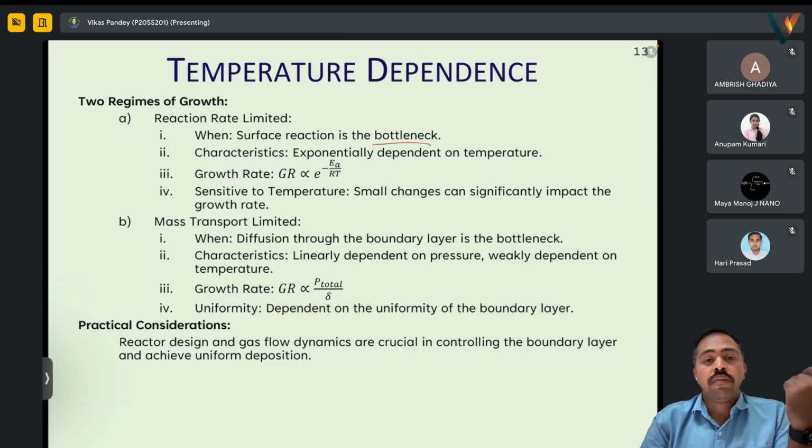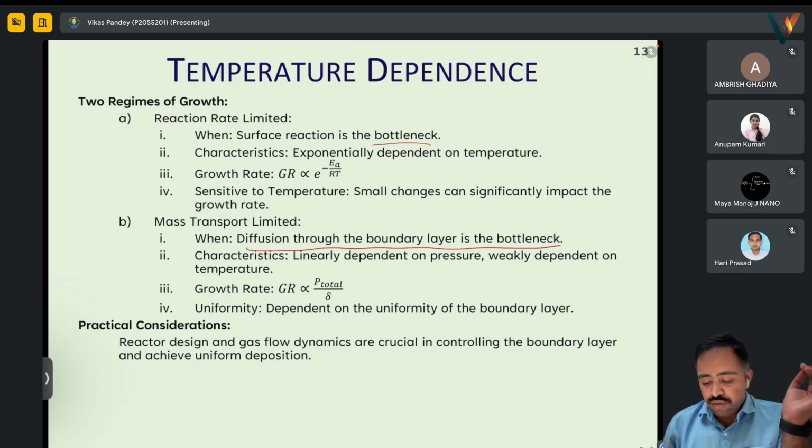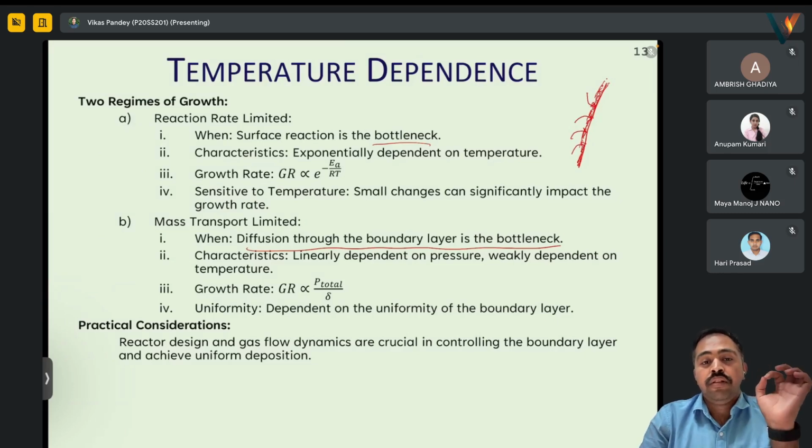The second one is mass transport limited, when the diffusion through the boundary layer is the bottleneck, where the wafer is there, some growth has already taken place over it, let's say. Now, how much material is diffusing to the surface for the further reaction, that diffusion will determine the output, like how fast it is growing, or the growth rate.